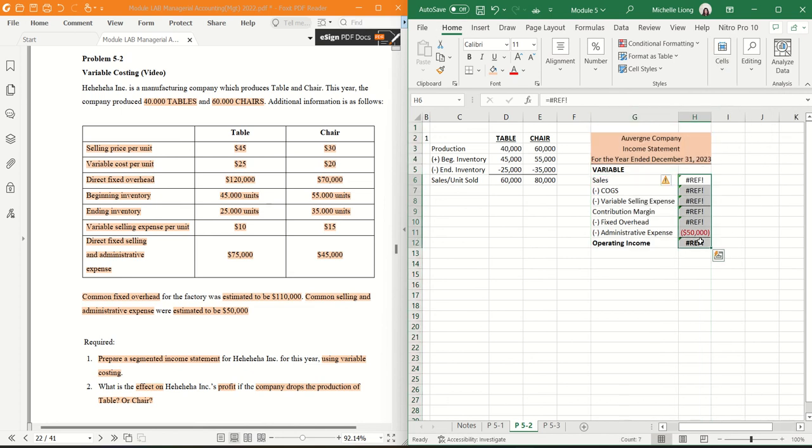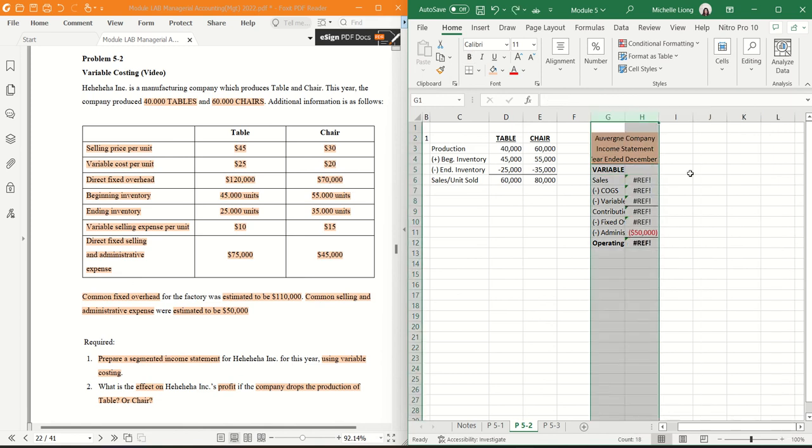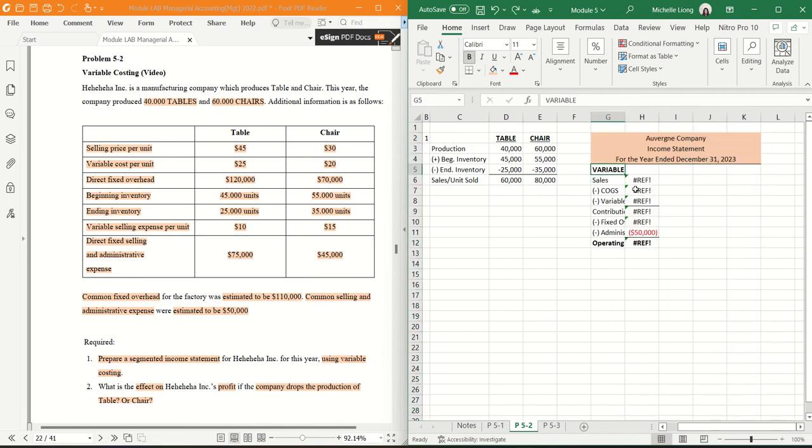So we have variable costing. And right here, remember that we are going to find two of them.